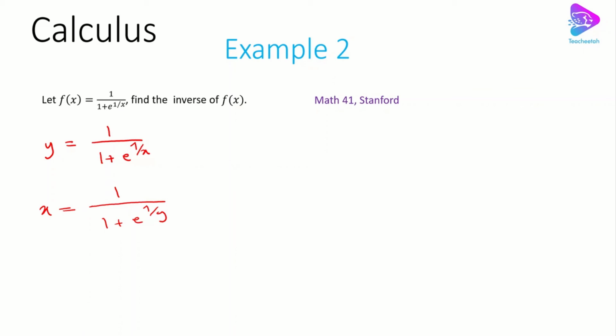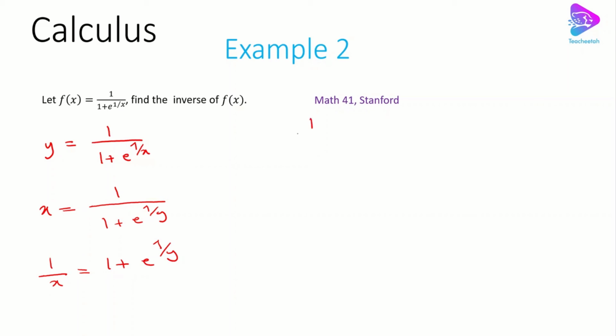Then we can just take the reciprocal of that. It's going to be 1 over x equals 1 plus e to the power of 1 over y, and from there it's time to take the natural log of both sides.